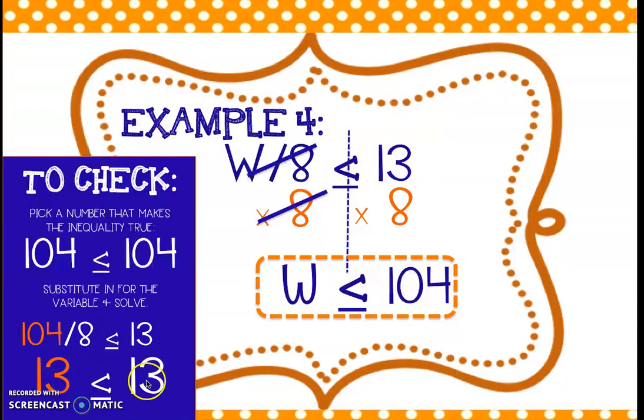Now we have to check, is this a true statement? Is 13 less than or equal to 13? Yes, it is. 13 is equal to 13, so therefore that statement is true, and we know that our solution set, W is less than or equal to 104, is a true statement.